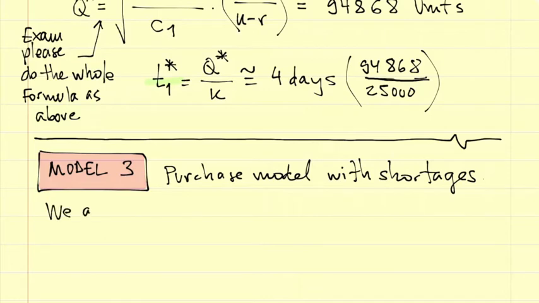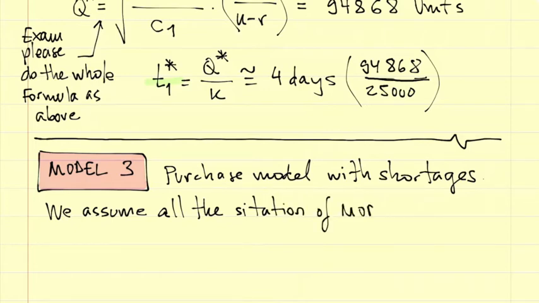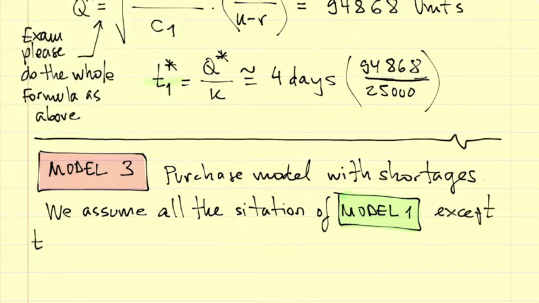We assume all the situation of model 1 except that shortages are allowed.